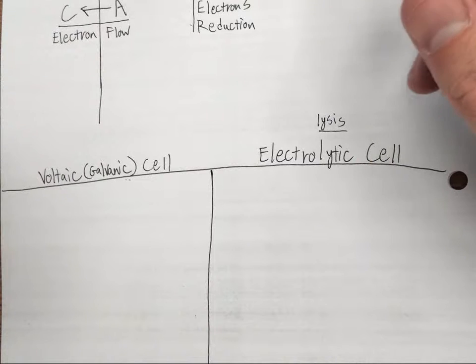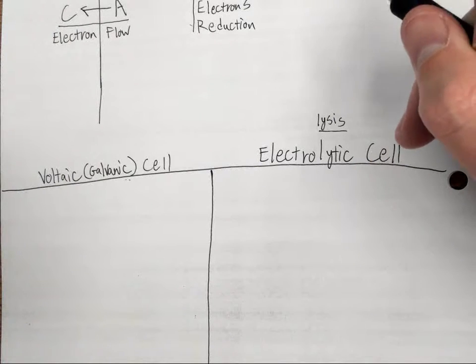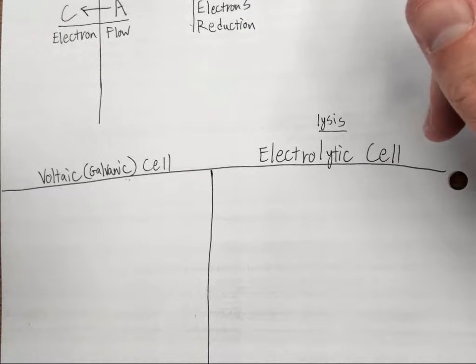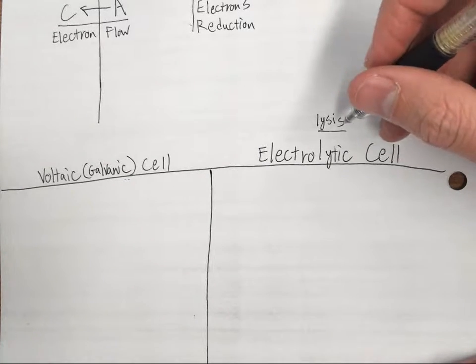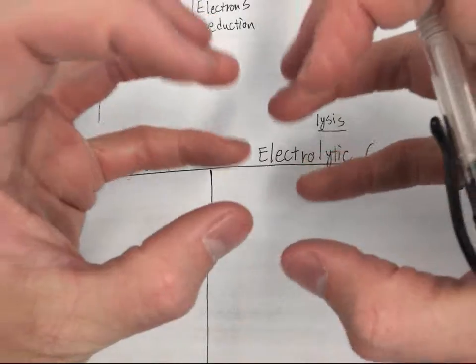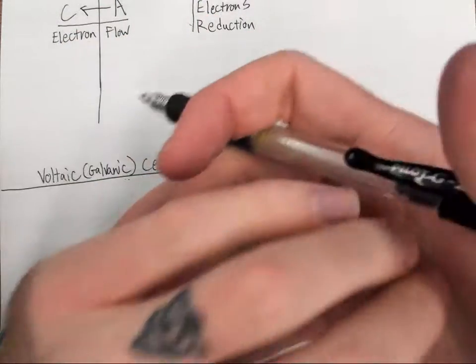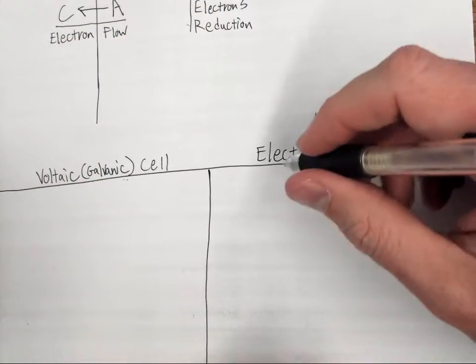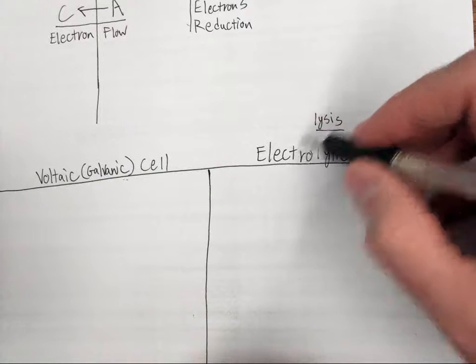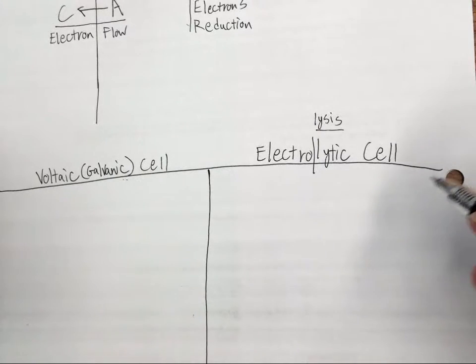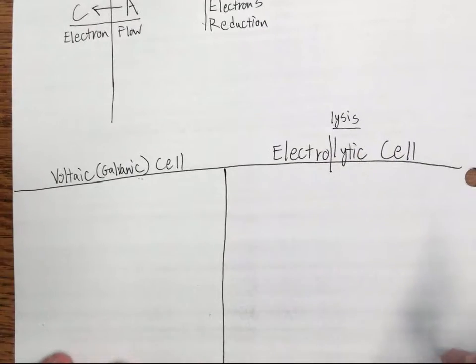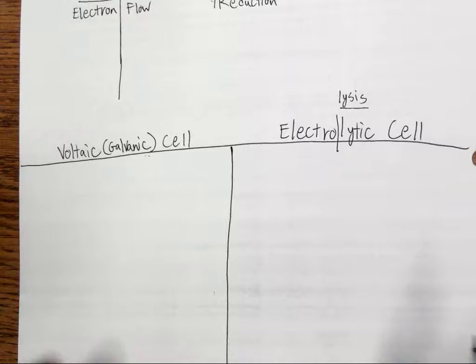Way back in bio, what do lysosomes do? They break things down. Exactly. So this is using electricity to break things down. Don't you just love Greek and Latin roots? They're awesome. Helps you figure out what things actually mean.